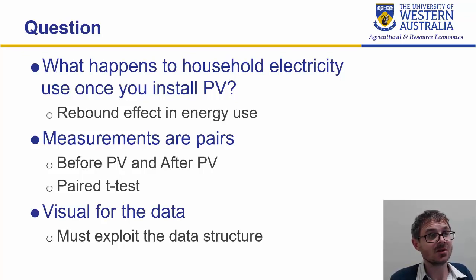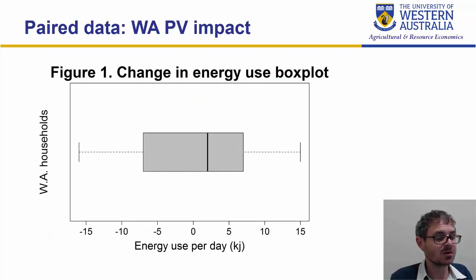We have measurements on the individual houses before the PV is installed and after the PV is installed. So because we have these paired measurements, there's this structural dependence between the two observations, we can conduct a paired t-test. So we set up, as with all of these, our plot. For the paired t-test, we tend to go for the horizontal box plot, and we can actually see from our box plot that most of our middle 50% of the data is sitting pretty much straight over zero.